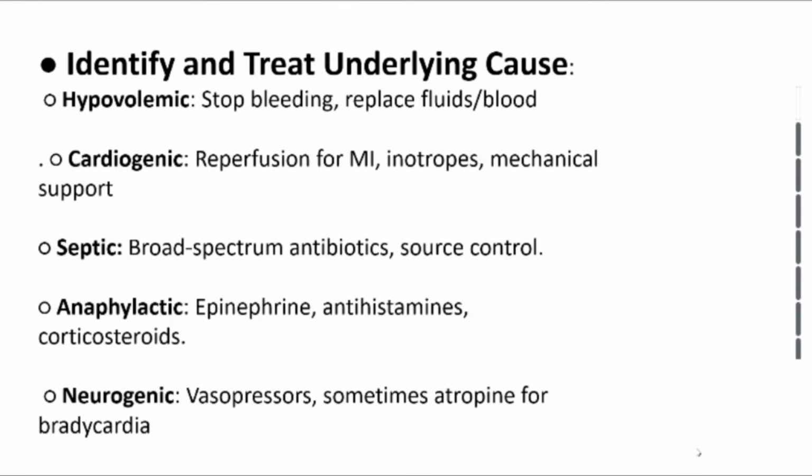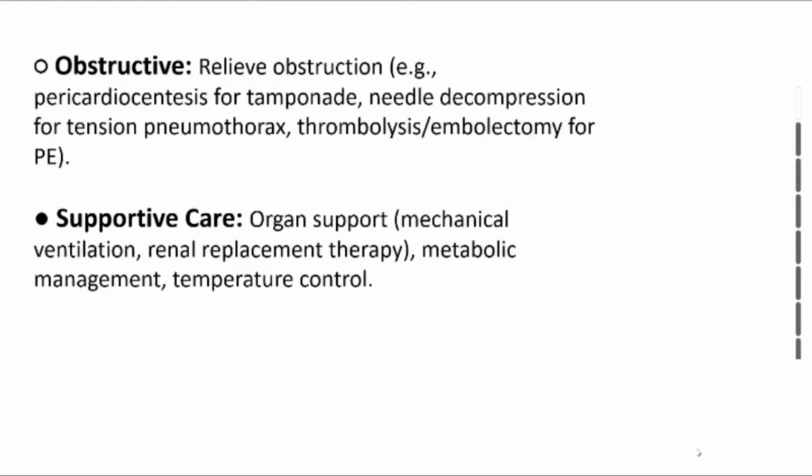For obstructive shock, which is caused by a blockage that affects the blood flow, you will relieve the obstruction. Maybe you do needle decompression in a pneumothorax, or maybe it is due to an embolism, and you might need a procedure for the embolism.